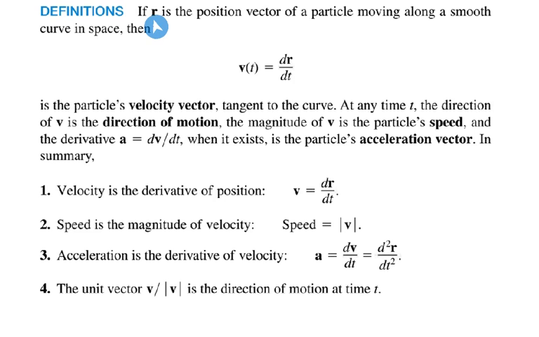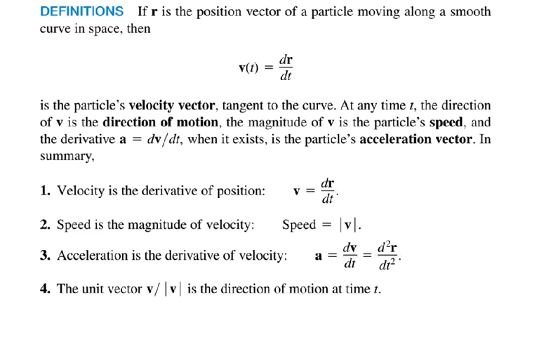So if we let r represent a position vector of a particle moving along a smooth curve in space, then the derivative of r with respect to t will represent v of t. So this is the particle's velocity vector. The velocity vector is tangent to the curve; remember the derivative is the slope of the tangent line when we're thinking back to Calc 1.